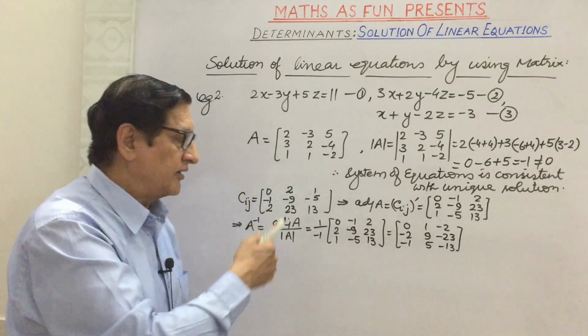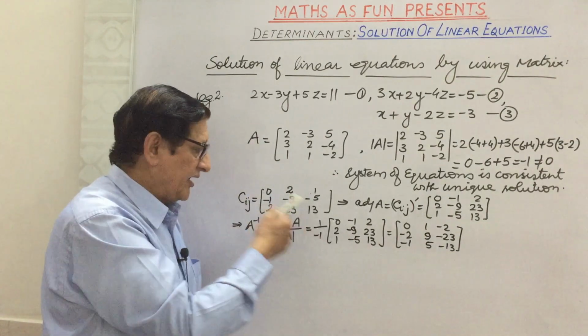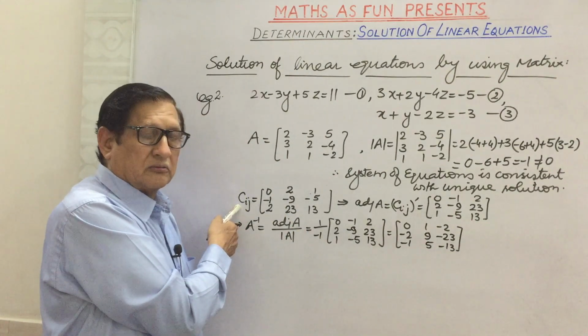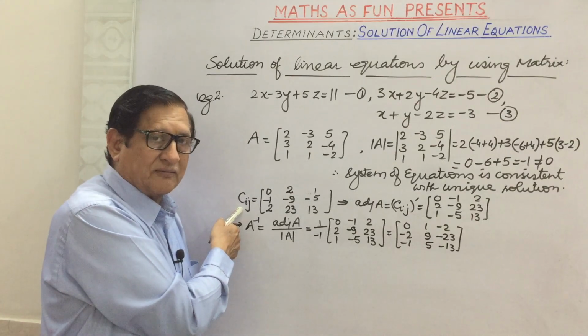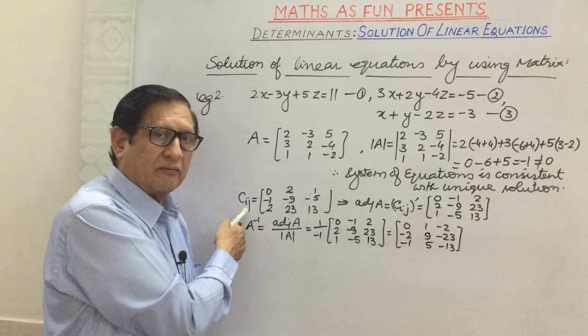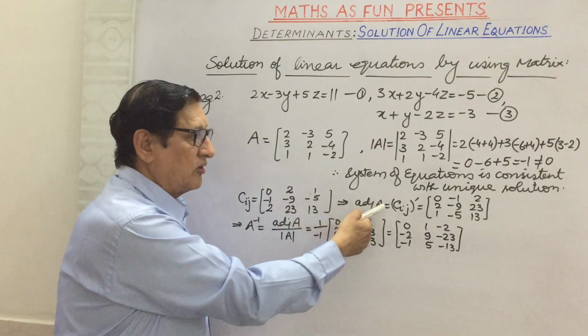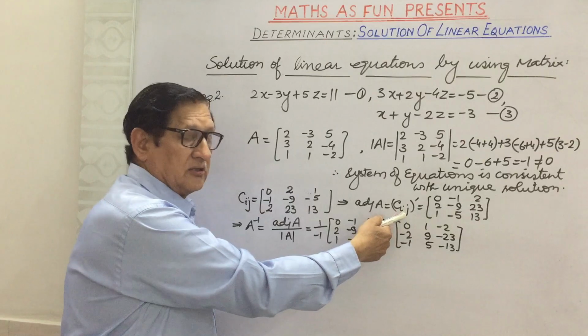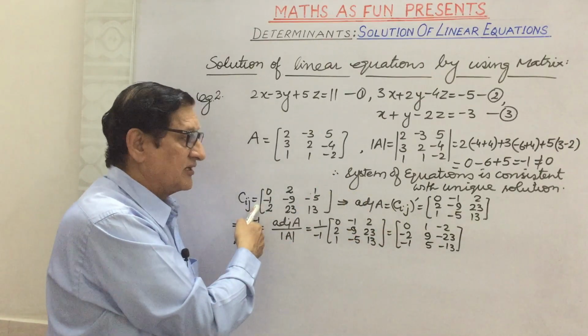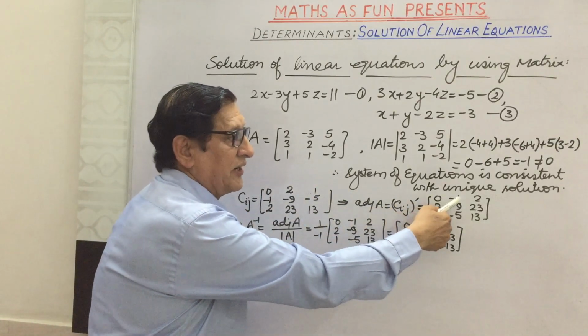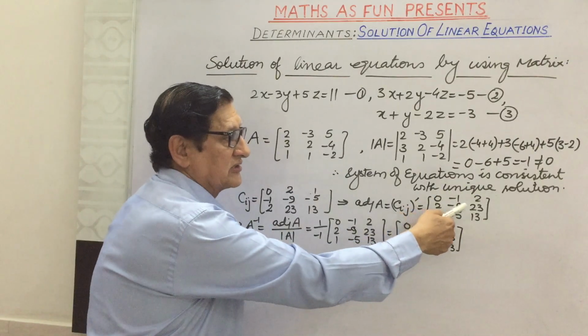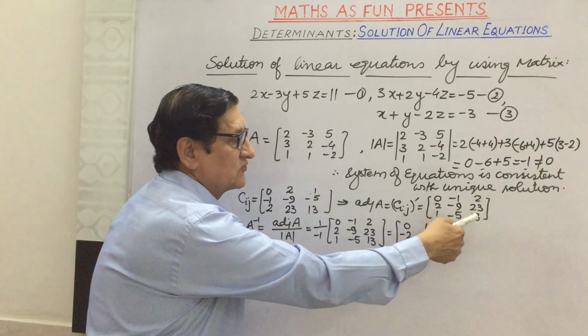Now we go for finding A inverse, and for A inverse we have to find the Cij, that is the cofactor matrix of A. We know how to find it out. Then we can find out the adjoint of A, that is the transpose of this Cij, and that is coming as 0, minus 1, 2, 2, minus 9, 23, 1, minus 5, 13.